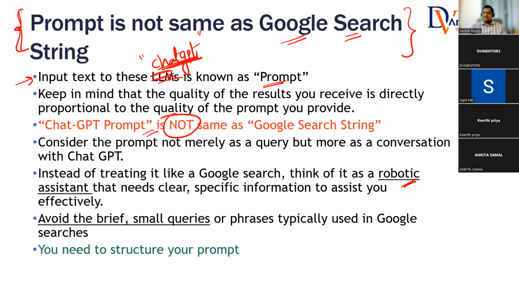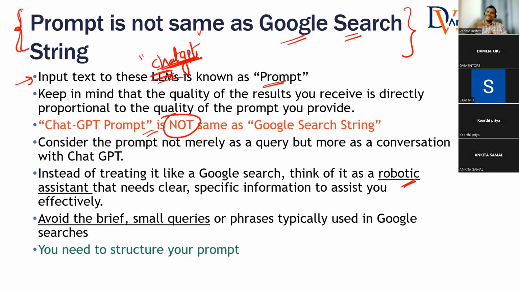If you are asking a robot to come inside, what you need to say is, please stand up, turn to your right side, take 4 steps, then turn left, open the door, come in, take 4 steps forward, then wait for my next instruction. These are the instructions that you have to give.